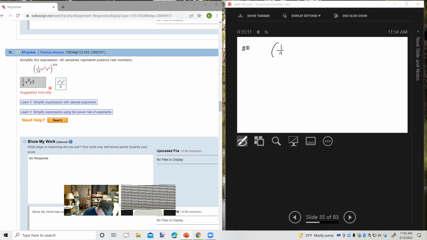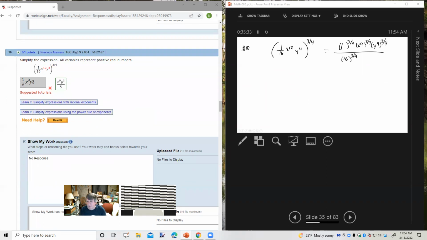Okay, 1/16 x to the 12th, y to the 4th, all to the 3/4 power. So that's going to be 1 to the 3/4 power, x to the 12th to the 3/4 power, y to the 4th to the 3/4 power, over 16 to the 3/4 power.